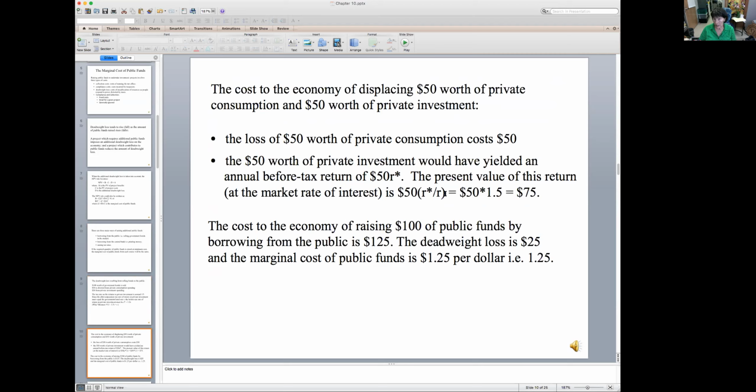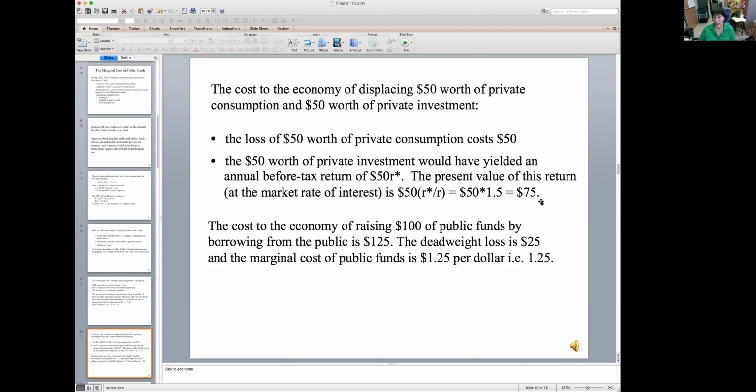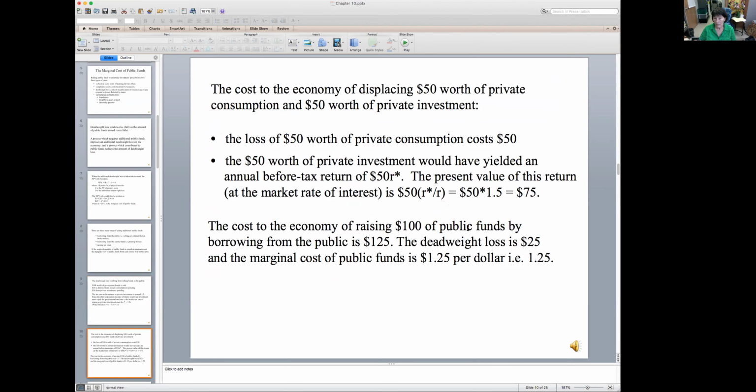We can solve for this right here. So R star equals 1.5 R. So we can just plug that back in, because right here, if we take this, put it on this side, R star divided by R equals 1.5. So $50 times 1.5 equals 75.